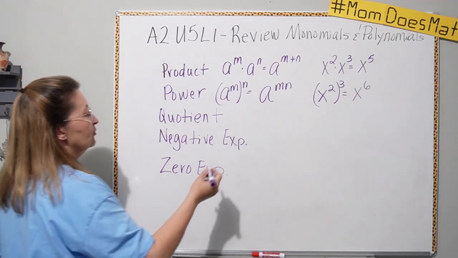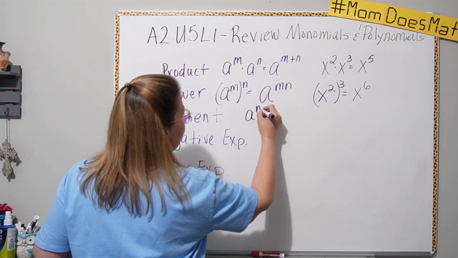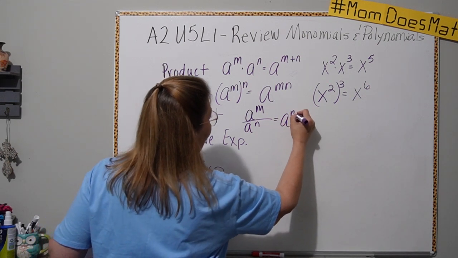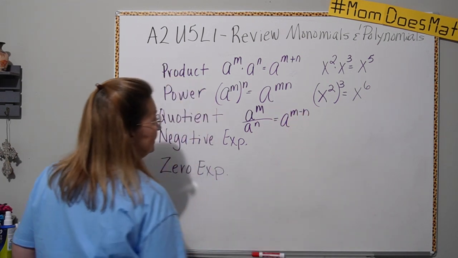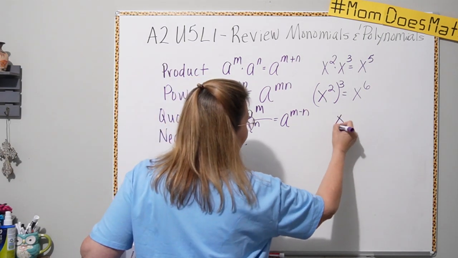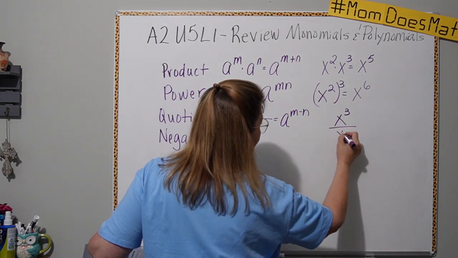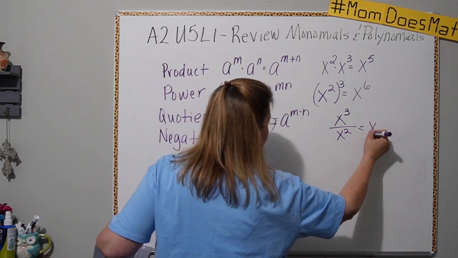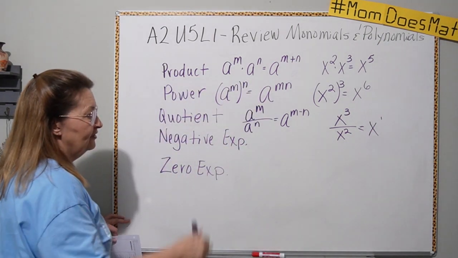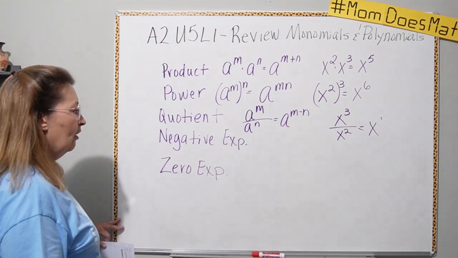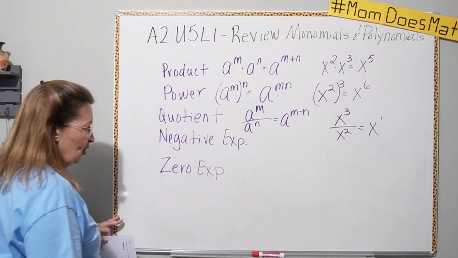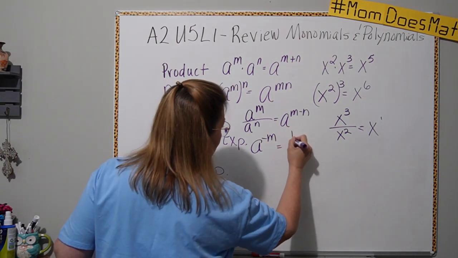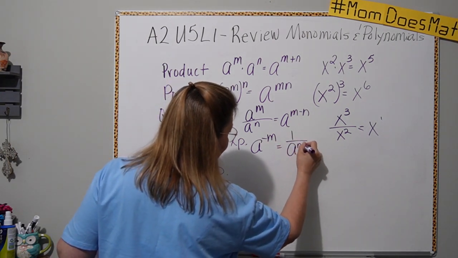All right, your quotient rule. If you have a to the m over a to the n, that's equal to a to the m minus n. So for example, if I have x to the third over x to the second, you're going to subtract. 3 minus 2 is x to the first, which you don't have to put the 1. All right, the negative exponent property tells you that a to the negative m is equal to 1 over a to the m.